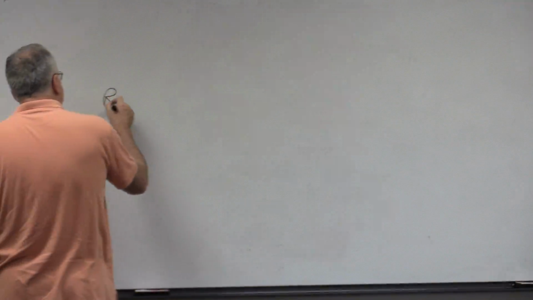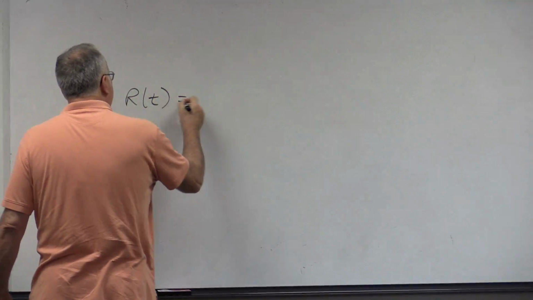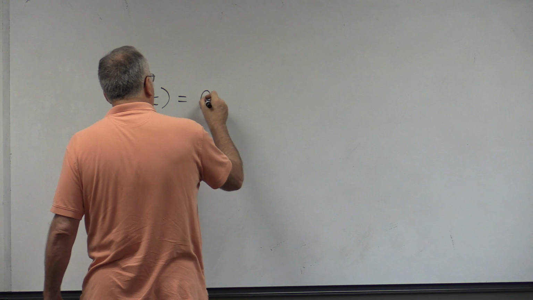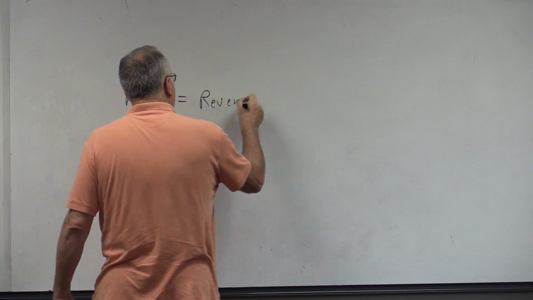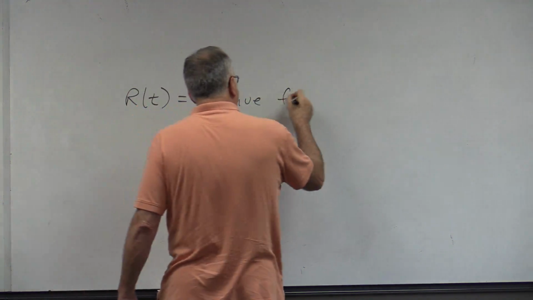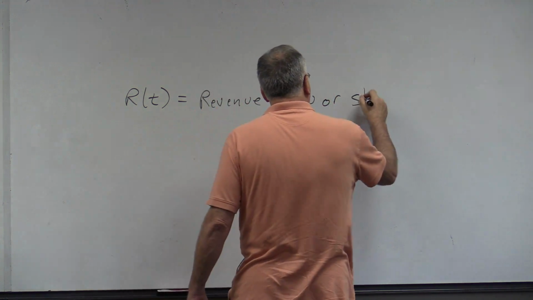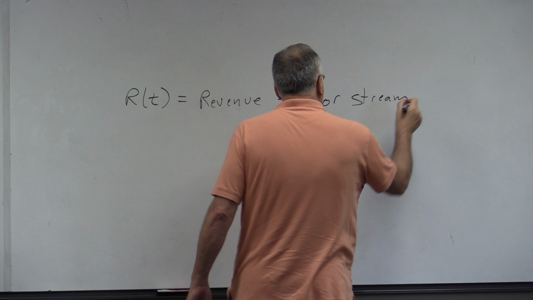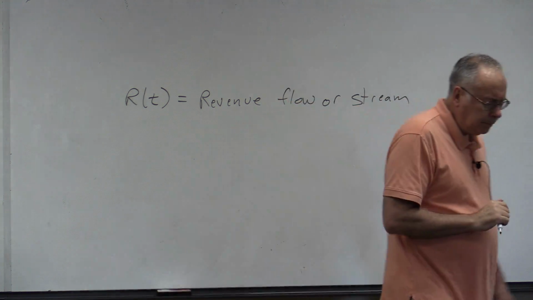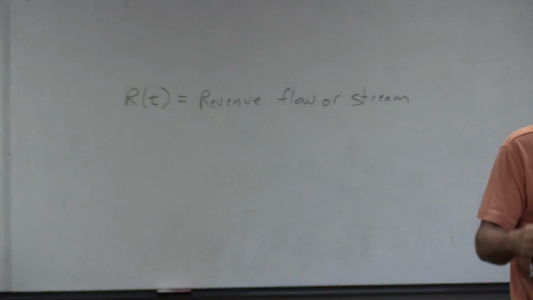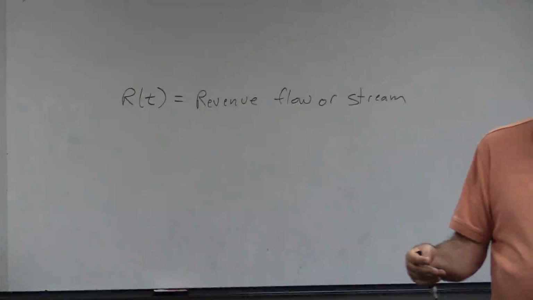Think of R of T as being a revenue flow, or another word that's sometimes used, a stream. In other words, let's assume that the flow of revenue is continuous.